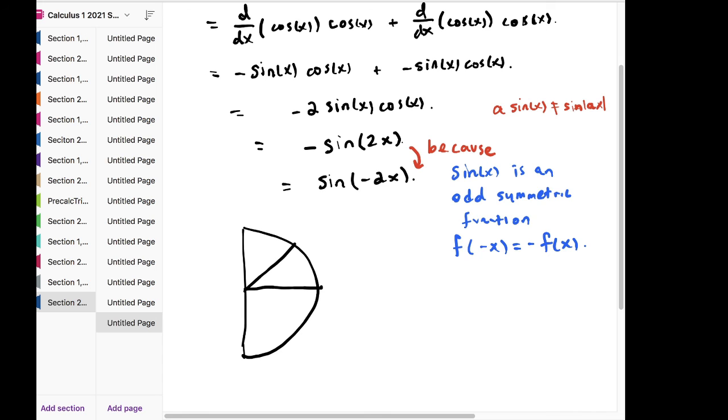If this is the angle, and this is x, y, when you look at the negative of the angle, you're just reflecting over the x-axis, you get x, negative y. So that's why sine is odd. This also is why cosine is even.